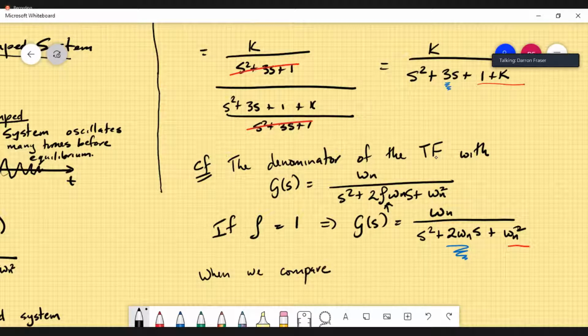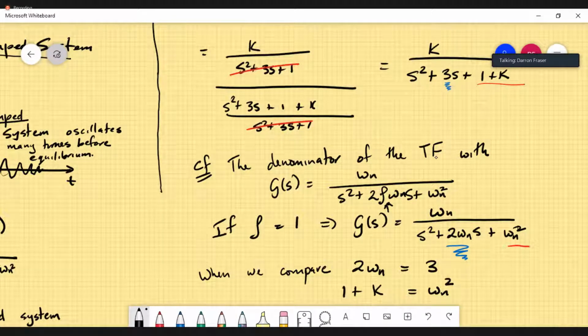you have that 2 omega n is equal to 3 and 1 plus k is equal to omega n squared, if we compare the general transfer function with the transfer function that we have here.